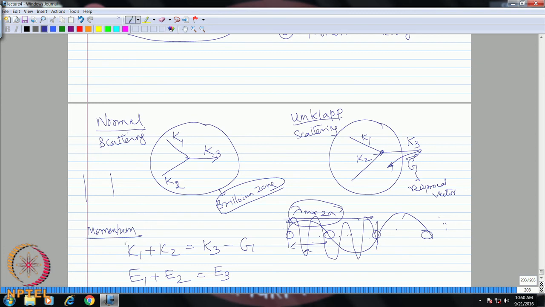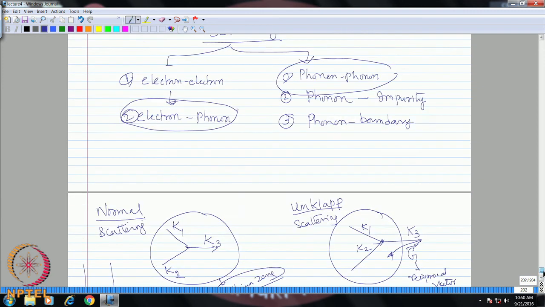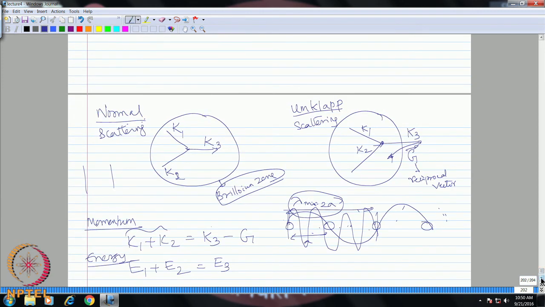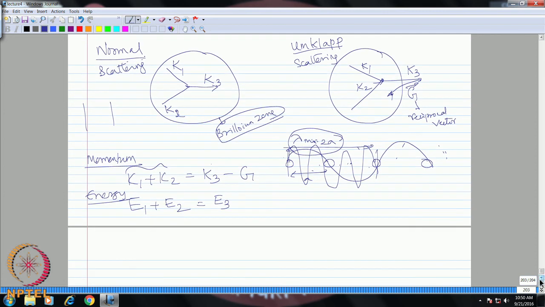Okay. So, these are the pre-collision values of wave vector and energy, and this is the post collision value, right. So, in other words, if you are representing by means of a plot of E versus k, for example, the edge of the Brillouin zone is pi by a.